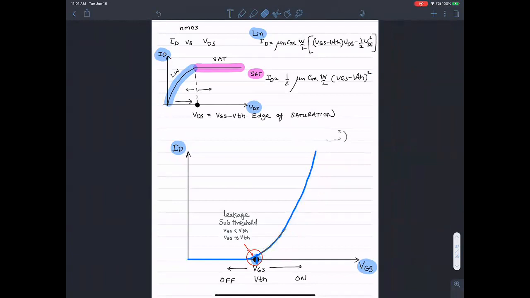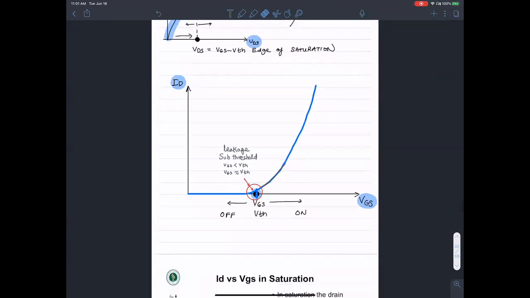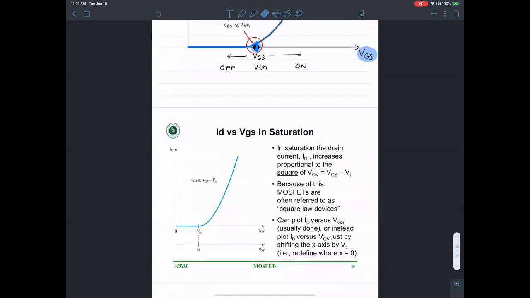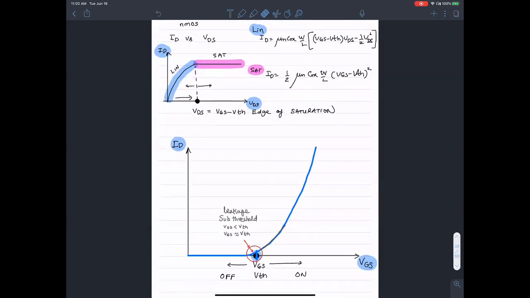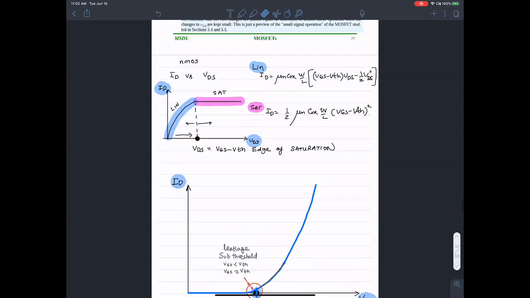So this is more or less the idea of ID versus VGS curves. And in saturation, there's a square law dependence. By the way, this graph is the relation for this guy, ID is mu and C oxide.